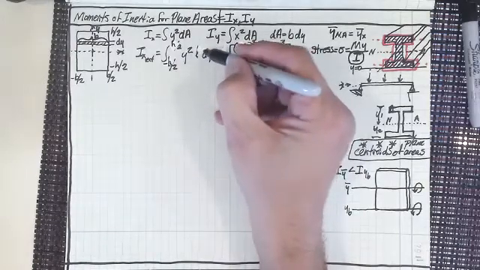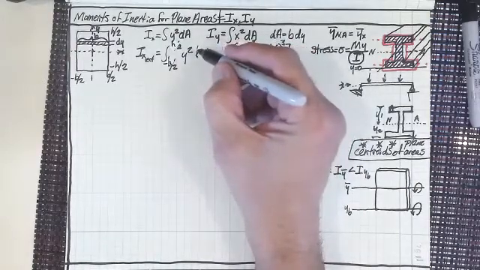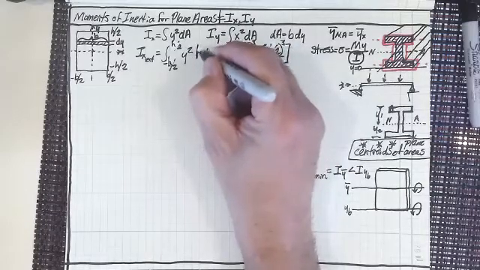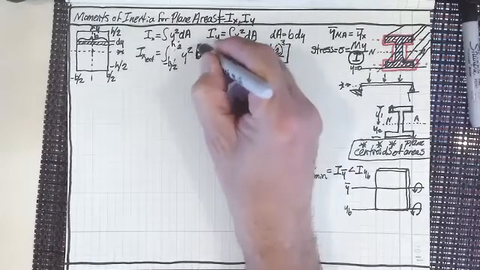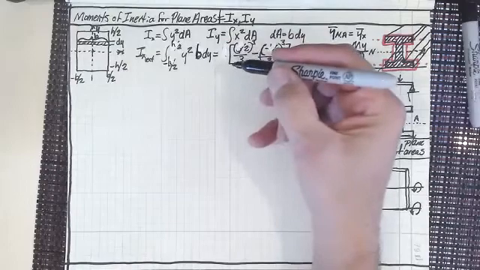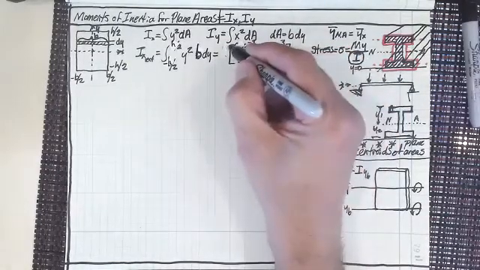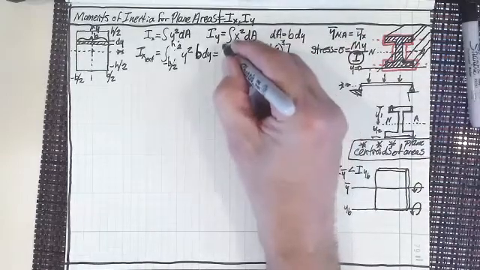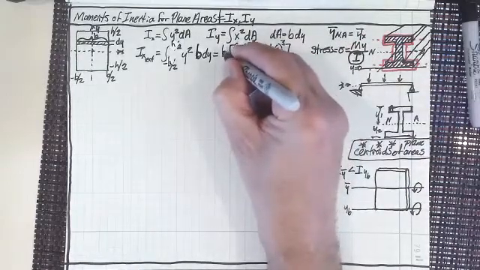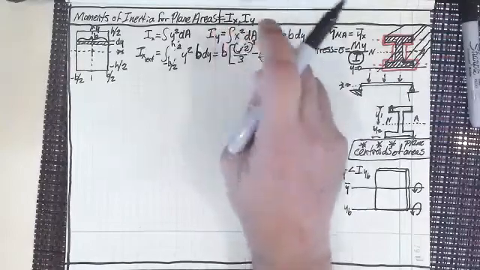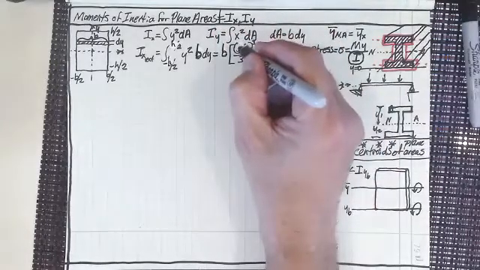And I think that is a b. So I was right there. I'm transposing all of these things, and that should be a b, and then these should be h's.